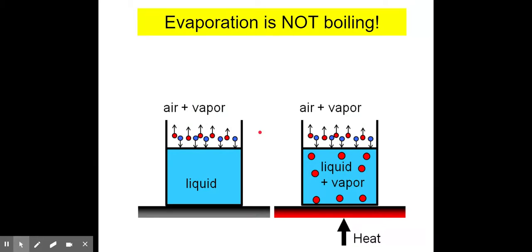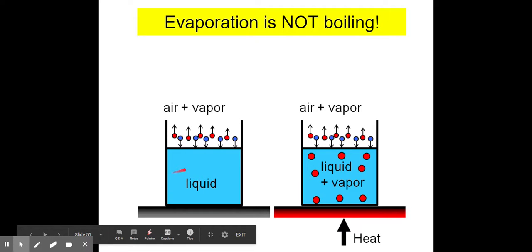One thing I want to point out is that evaporation is not boiling. In terms of phase changes, from liquid to gas, they are similar, but they're not the same process at all. If you look here, you have a liquid here and the same liquid over here. This liquid is not being heated. The right liquid is. So what happens for normal liquids?